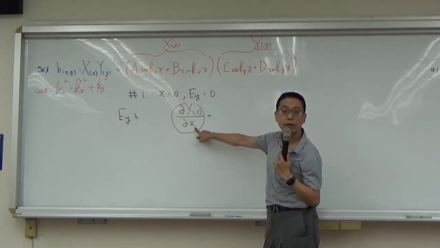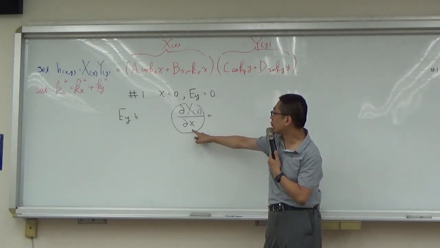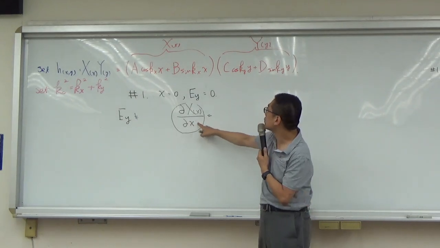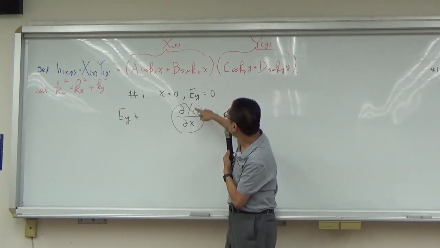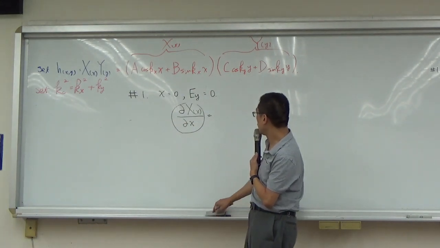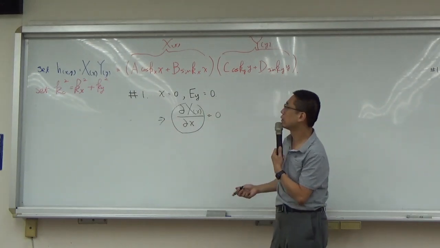And we only try to focus on only x component. So what is this one? This one should equal to 0. We can write down like this one.